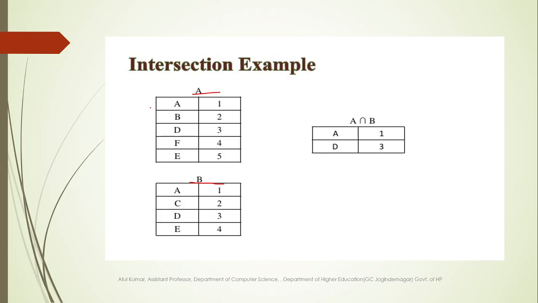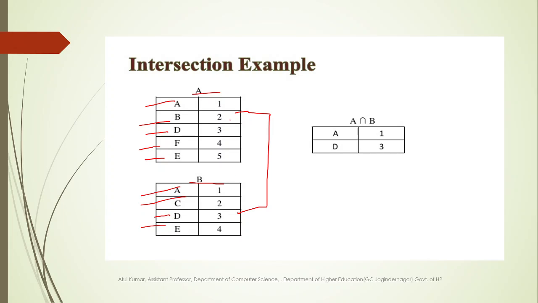The first relation contains how many rows? There are 5 rows, first, second, third, fourth and fifth, and the second relation contains 4 rows. There are two attributes, and the degree of the first relation and the degree of the second relation are the same, so they are union compatible.